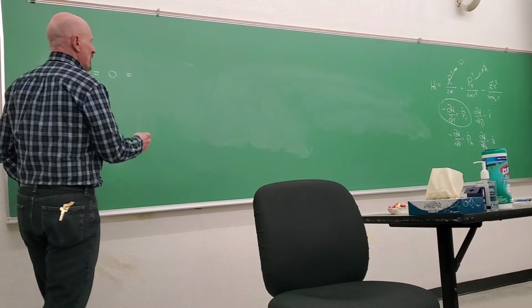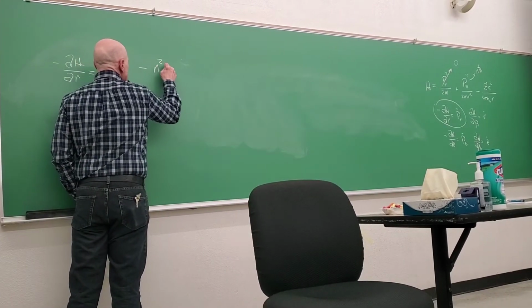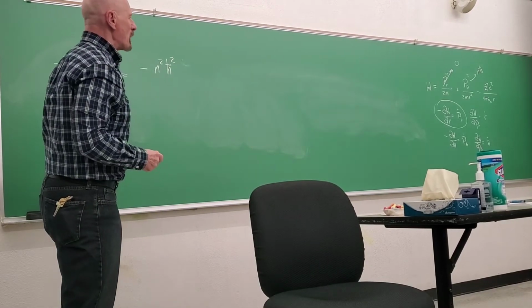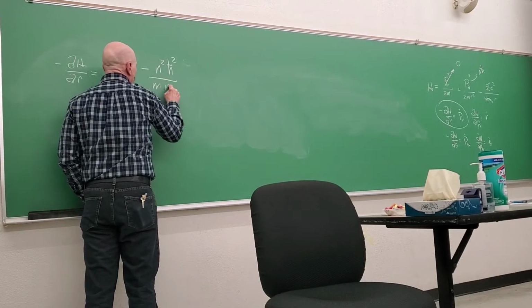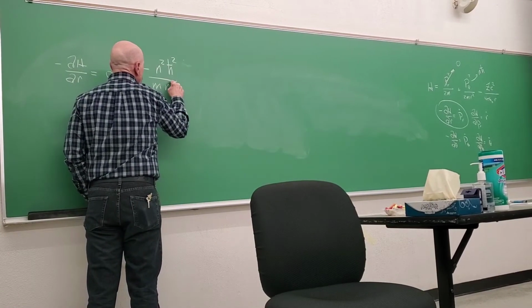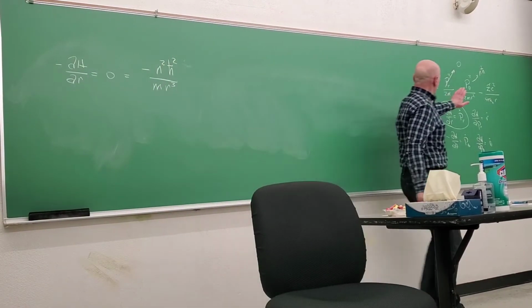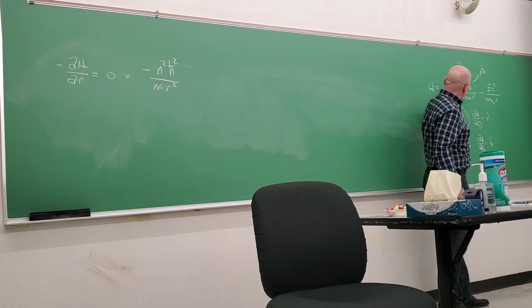So I take this first one. The other one is going to be, I'm going to have a negative n squared h bar squared, that's the p theta squared part, divided by m r cubed. So if you take the derivative of this with respect to r, you're going to get a 2r, the 2's cancel.